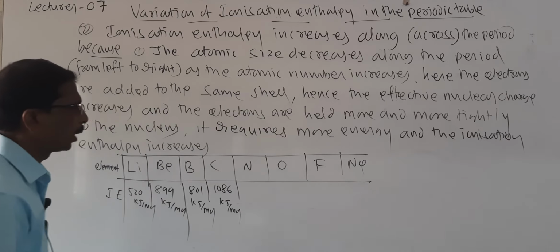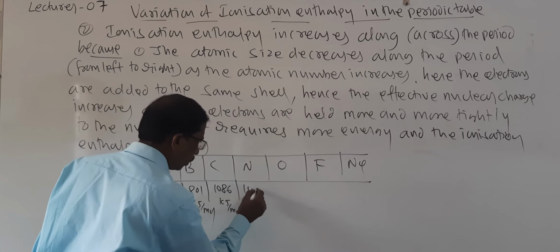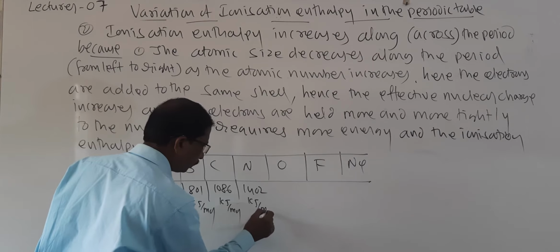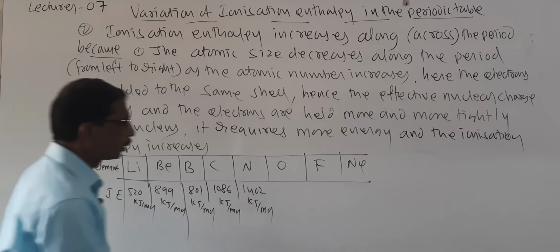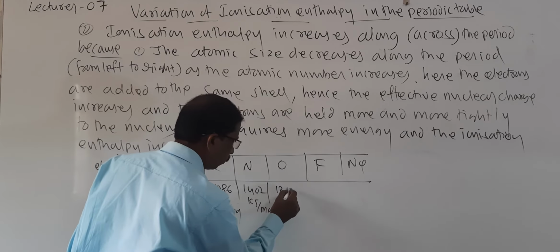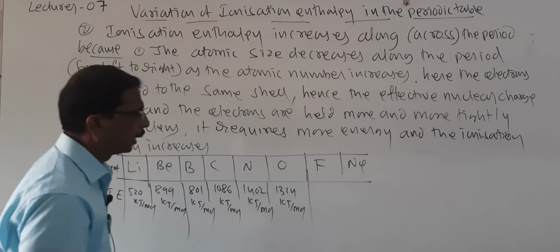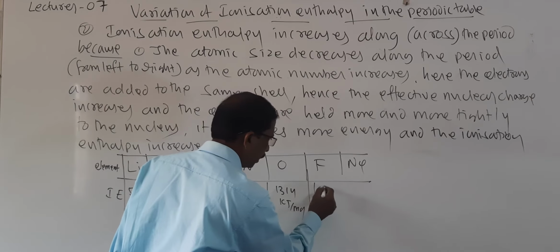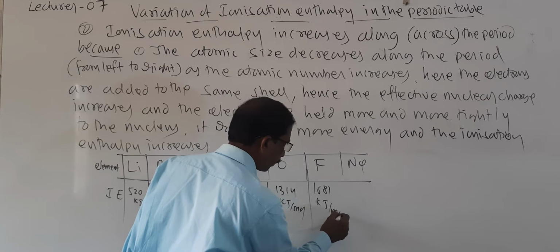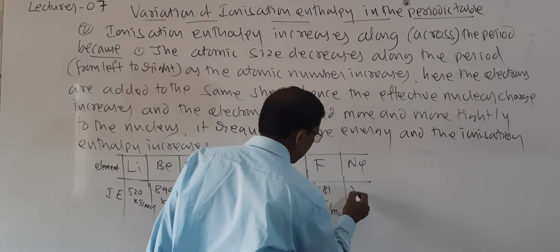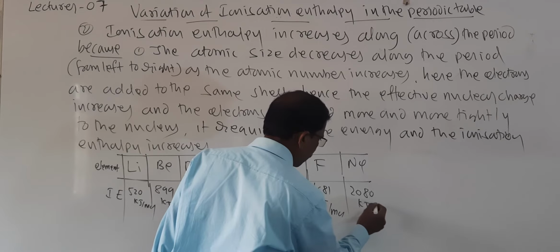And nitrogen, it is 1402 kilojoules per mole. And oxygen, 1314 kilojoules per mole. And then fluorine, it is 1681 kilojoules per mole. And neon, it is 2080 kilojoules per mole.